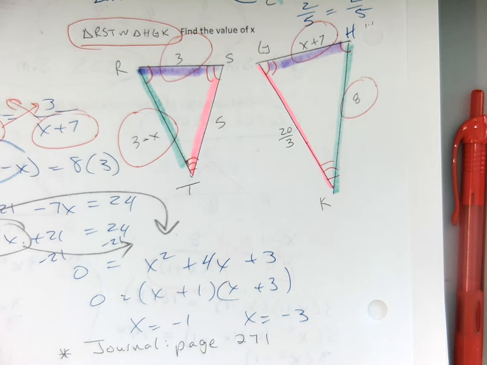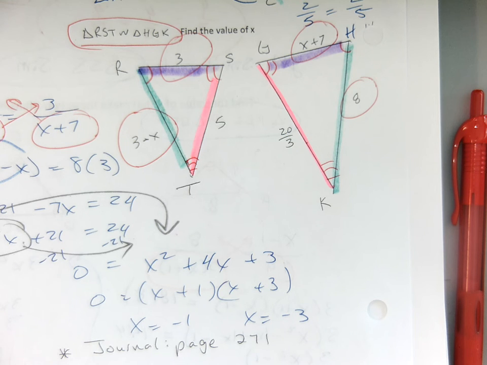Okay, if x were negative 1, I have a 3 minus negative 1, 4, that'll work, right? If x were negative 1, I have a negative 1 plus 7, 6. I'm going to keep that one. Okay, how about the negative 3? Let's check out the negative 3, okay? Let's see how it works.